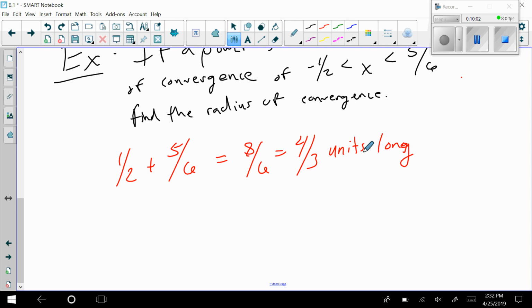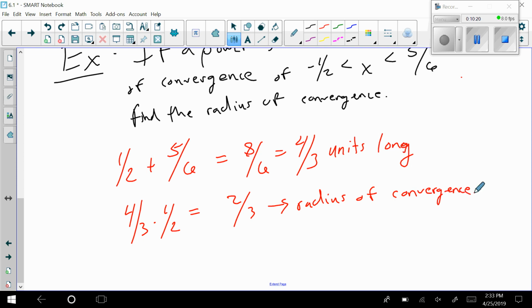If it's 4/3 units long, then half of that would be the radius of convergence, which makes 2/3 the radius of convergence. Okay, so there's our first one dealing with the radius of convergence.